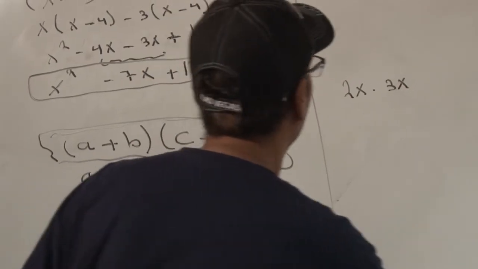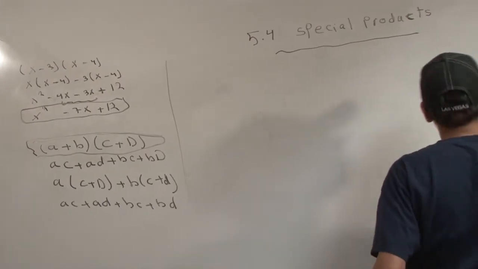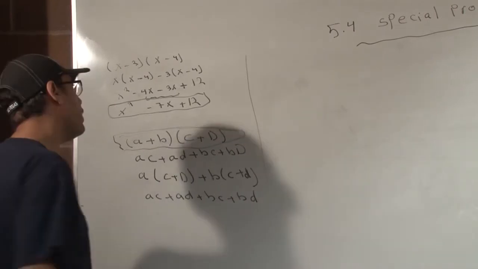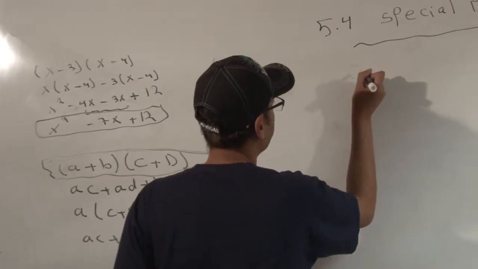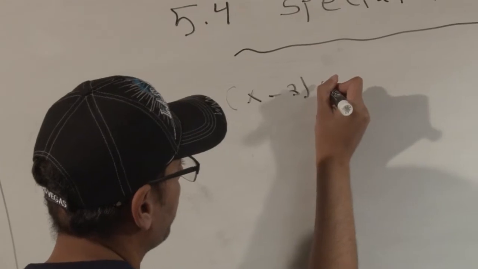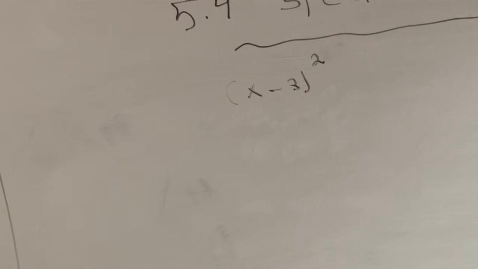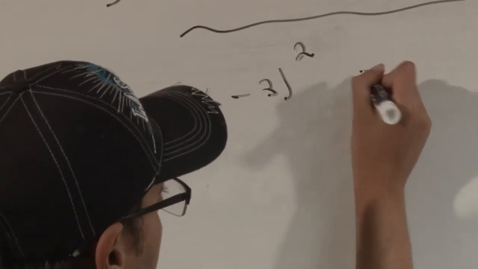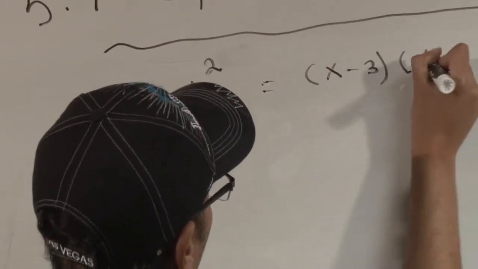All right, let me erase the board. Here's a question. What if I want to multiply that guy times itself? Let me take that example, x minus 3 squared. How could I solve that? Simply, I can rewrite that as x minus 3 times x minus 3.